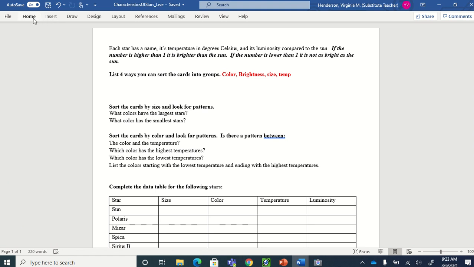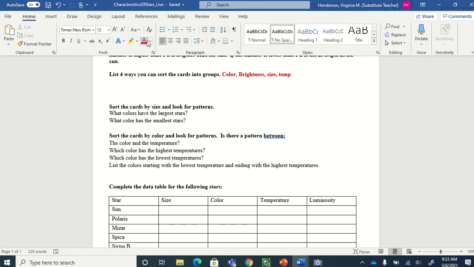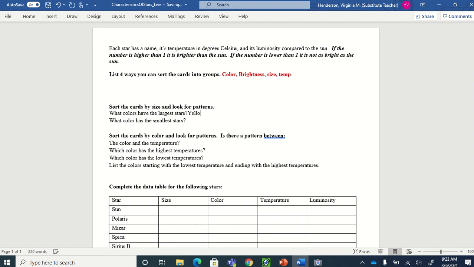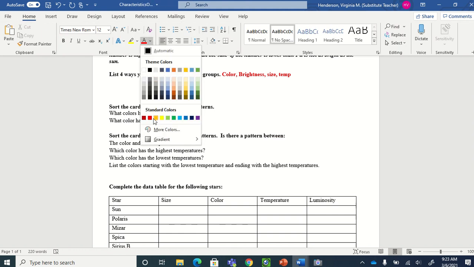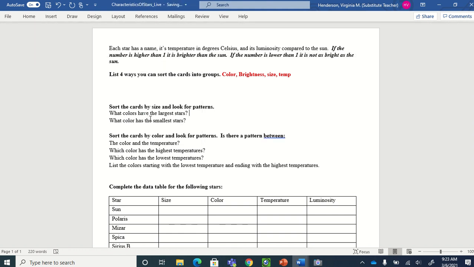So I'm going to change my colors as I type along. So I'm going to say yellow. My color didn't change. So we're going to try that one more time. We're going to say yellow.